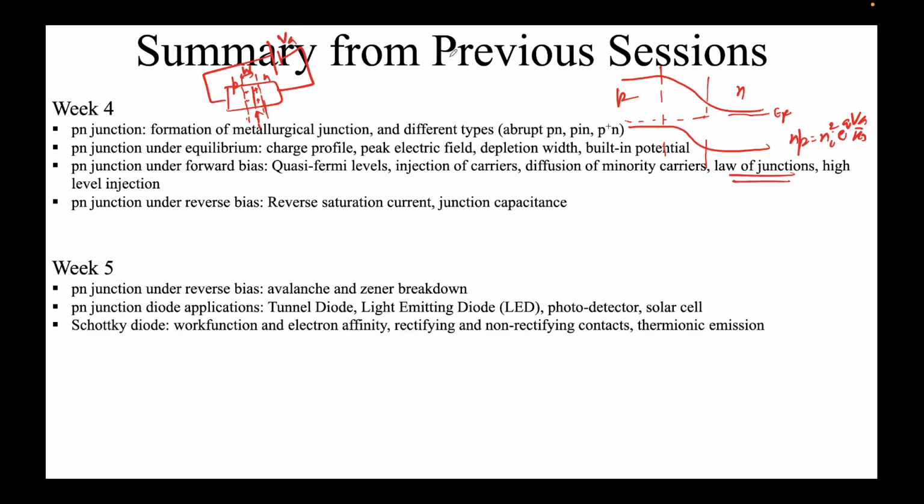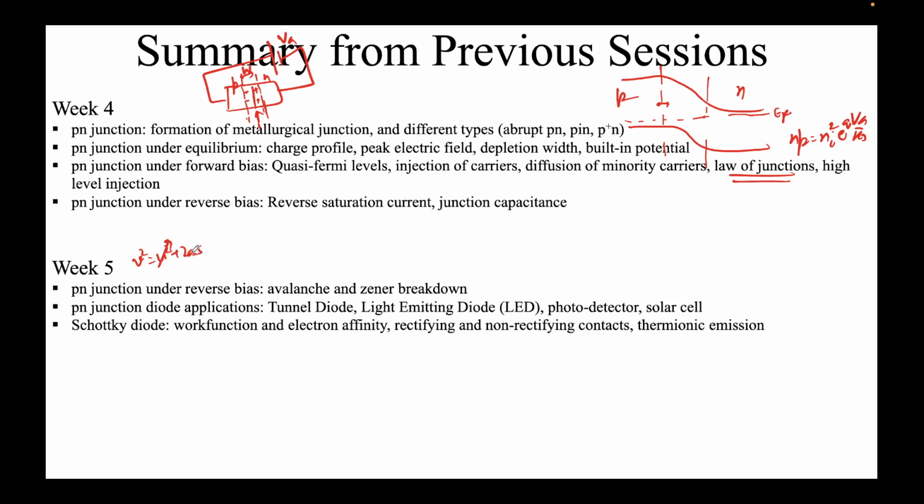Similarly, the reverse can happen in the sense that these bands will shift even more, and the depletion region will widen even more. And an interesting thing that can happen is, let's say an electron is here. Somehow it reaches there, and there's a very high electric field when we are reverse biasing this diode. In that case, the electron will start to travel, v squared equal to u squared plus 2as. Let's say its initial velocity is 0. It has to travel a large distance.